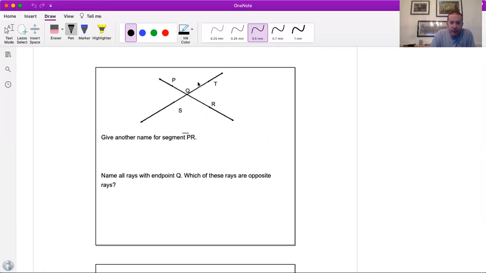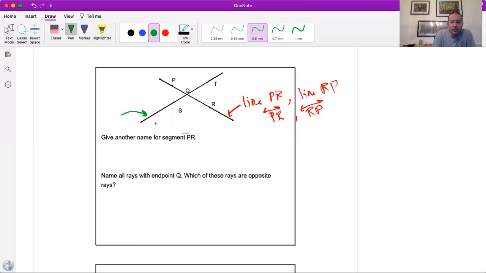And just so we have some ideas of ways we can label these things, I could call that one line PR, or line RP, or PR with a double arrow on it, or RP with a double arrow on it. For lines, it doesn't matter whether I write P or R first, because it goes on forever in both directions anyway. There's no distinction between P and R.